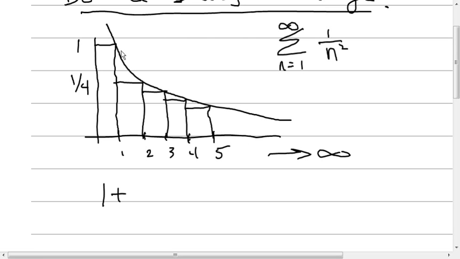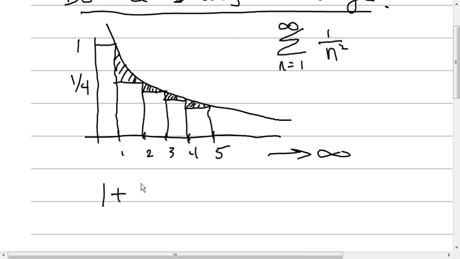Well, for one thing we know, it's bigger than the sum of this infinite series, because in each case, this area is a little bit bigger by this much, see?